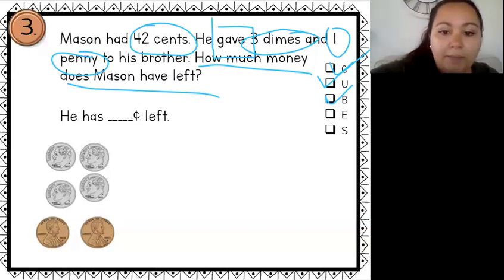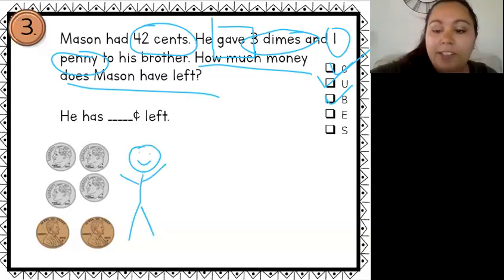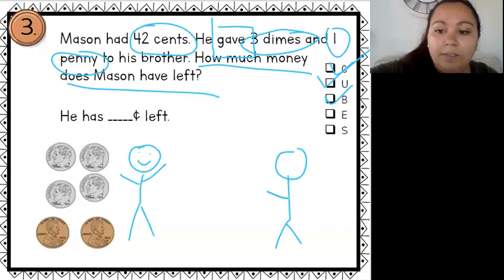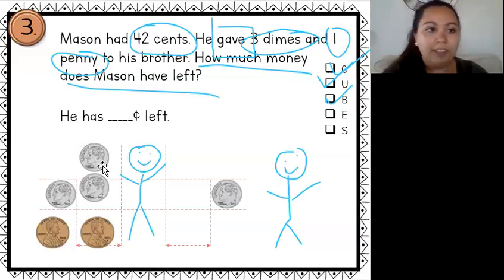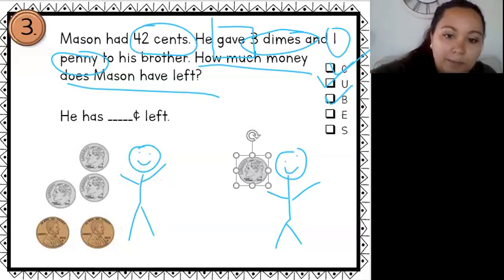Maybe I'll make, this is Mason. Remember, you can make simple math pictures to help you. Nothing worthy of any awards, right? Just stick figures. So I'm giving 3 dimes. Here's the brother. Let me say this is Mason and then brother, B for brother.